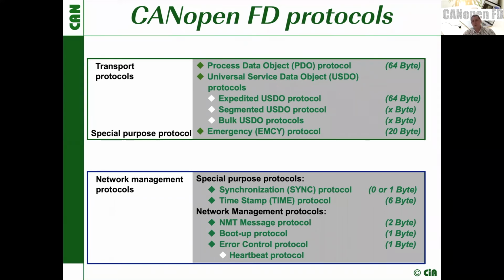In addition, we have an updated emergency protocol that provides much more error information than the comparable classic CANopen service. All the rest we kept stable, so special purpose protocols such as sync, timestamp, network management, and boot up were kept stable in comparison to classic CANopen.